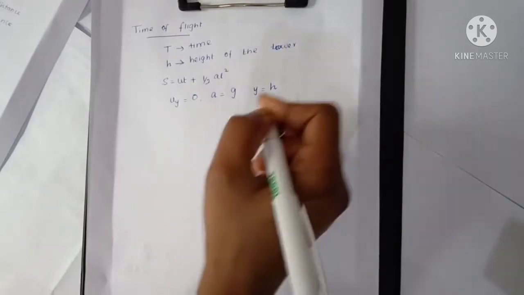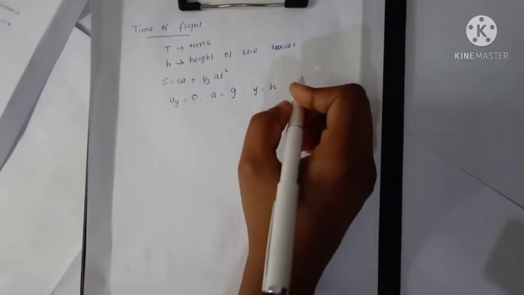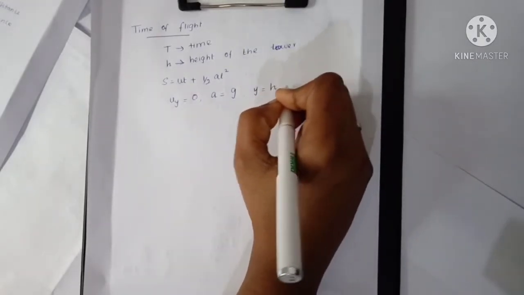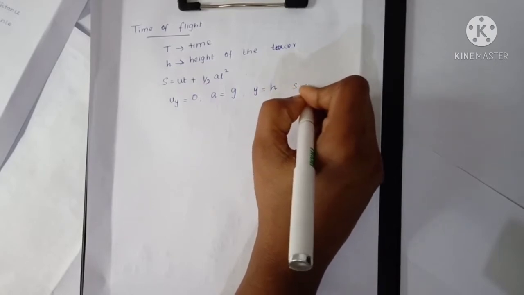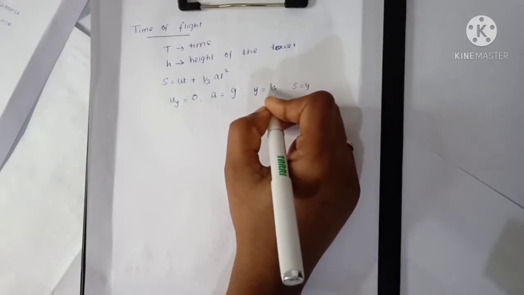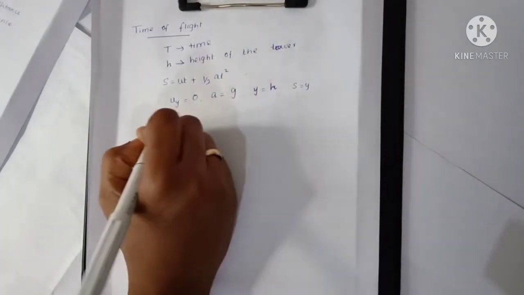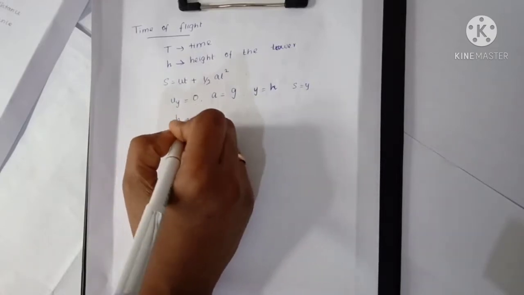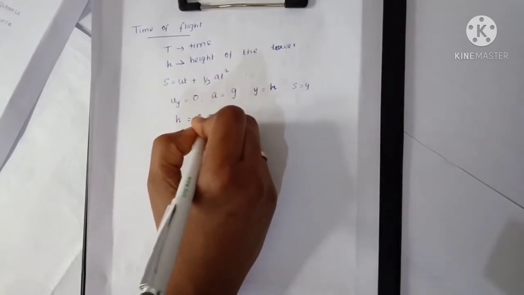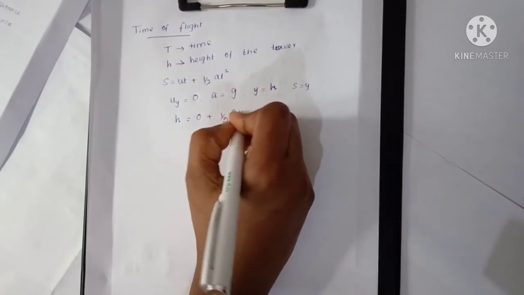Putting these values, we get h is equal to 0 plus 1 by 2 g t square.